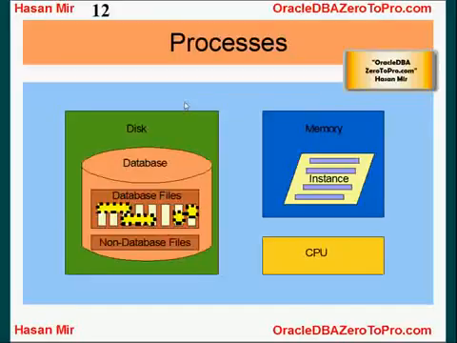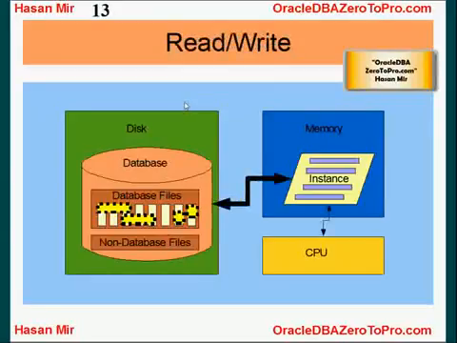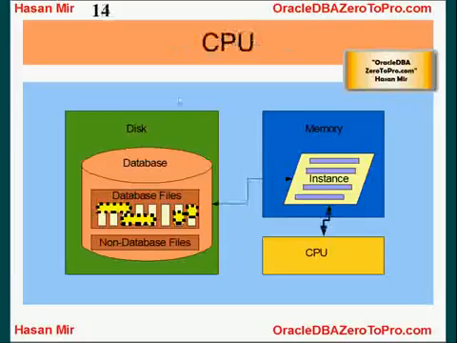The whole collection is called instance. Instance talks to the database. It may write new information on the database, or it may read information out of the database. All these processes, the whole instance as a whole, is talking to the database continuously. Not only that, instance is also using CPU resources.